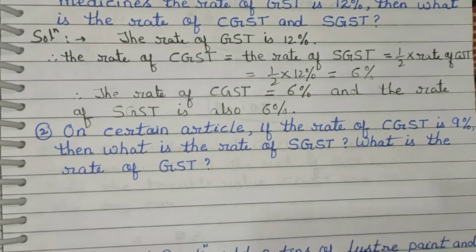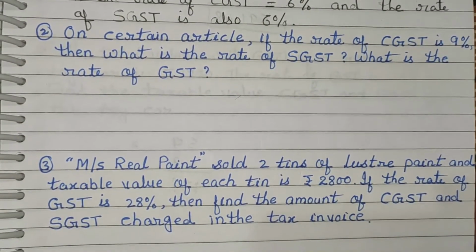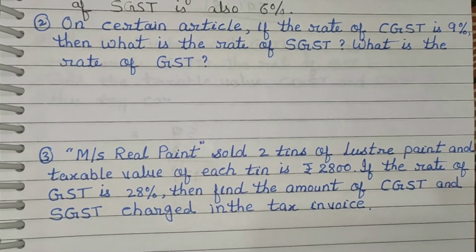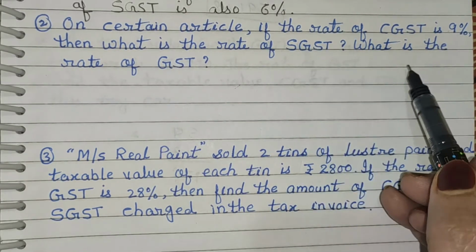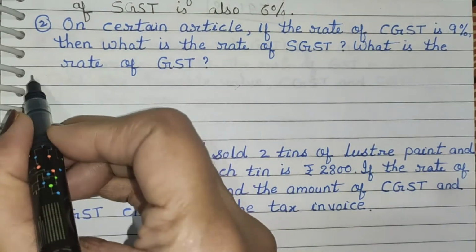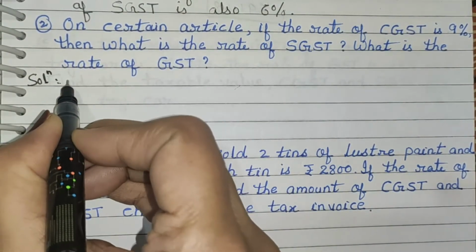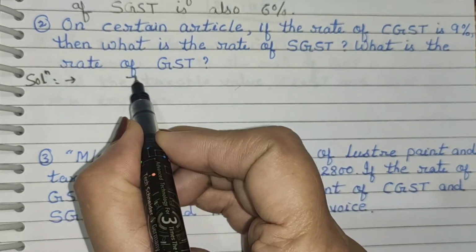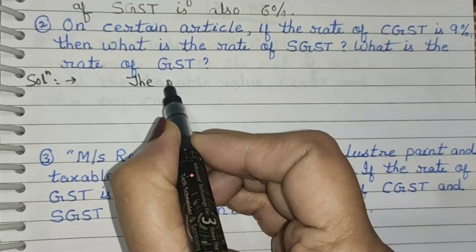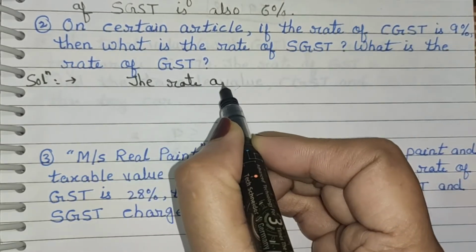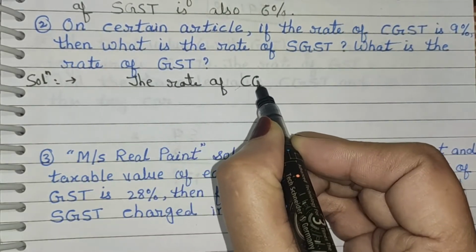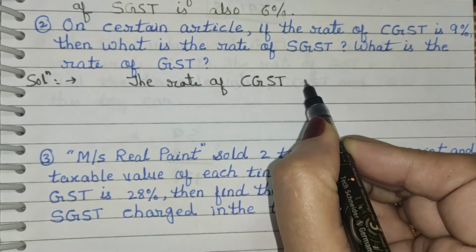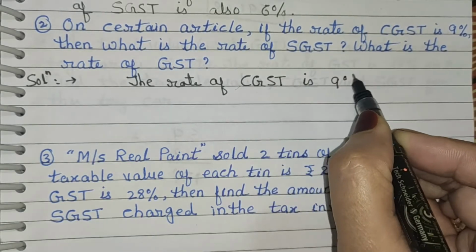Now the next question is: on a certain article, if the rate of CGST is 9%, then what is the rate of SGST? What is the rate of GST? Now write down the solution here. Rate of CGST is given. Write down here: the rate of CGST is 9%.